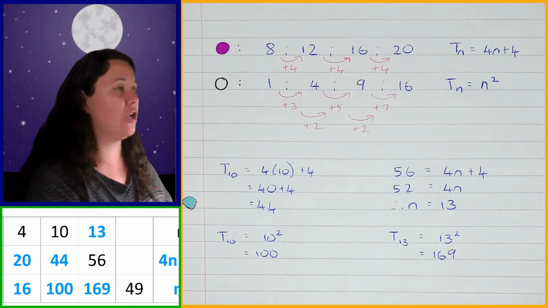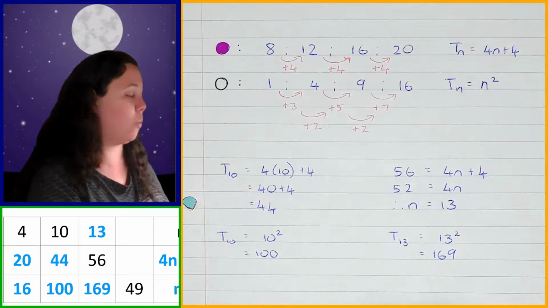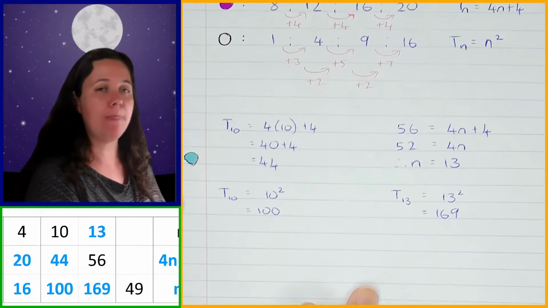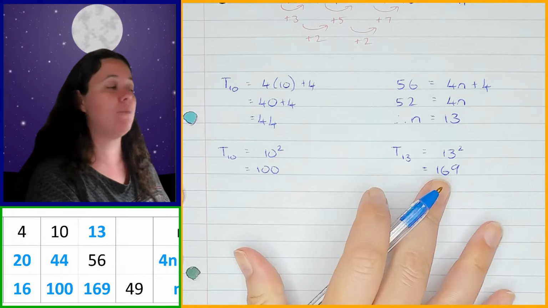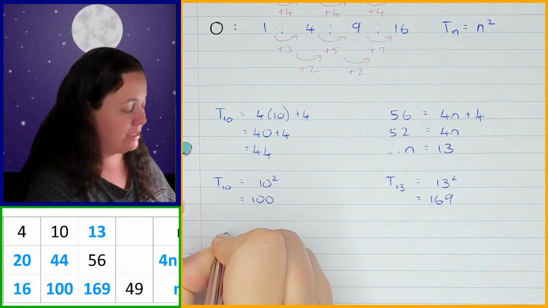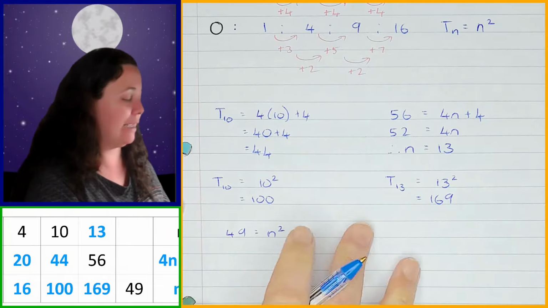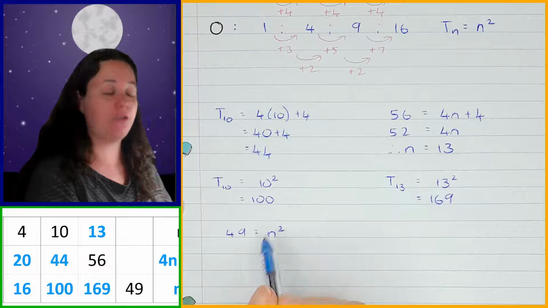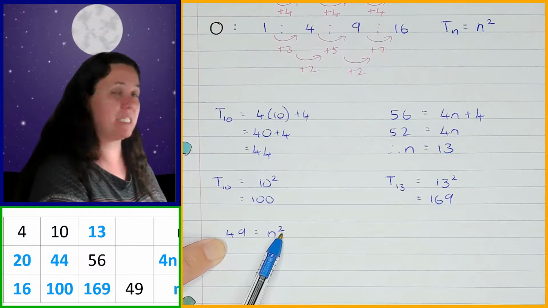Okay, and then the last ones we have to do is where they've told us that there are 49 white dots. Okay, so over here I'm going to be working with the 49. Now for the white dots, I'm working with this formula, Tn equals n squared. So it's going to be 49 equals n squared. Okay, now in order to solve this, I need to know what this is with the same exponent as that.